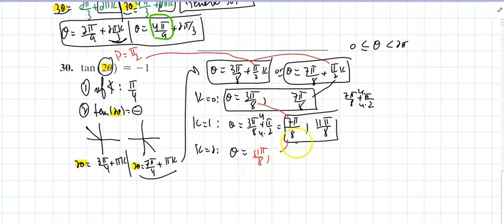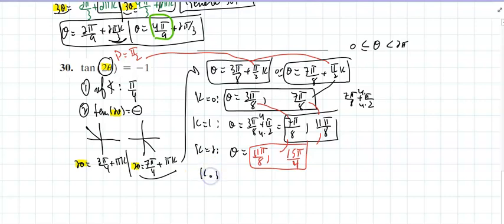Right? And here, I went from 7 to 11. I added 4. If I add another 4, 15 pi over 8, that'll work. And where did we see this? We saw this when we sketched the graphs of sine and cosine, and we labeled those 4 main points.